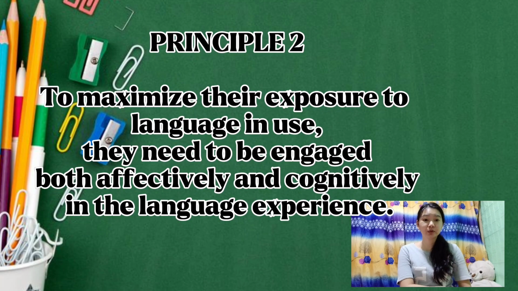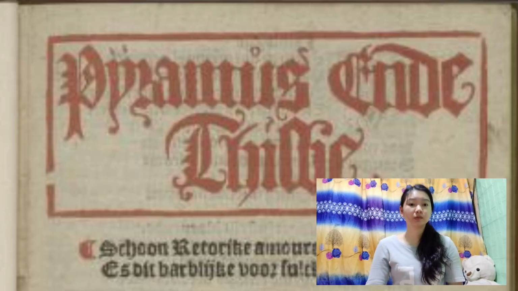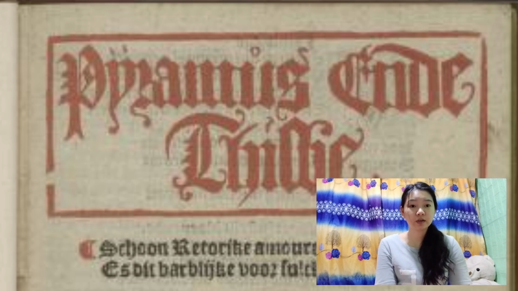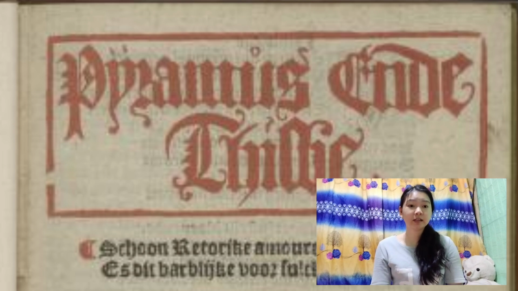So in principle 2, in order for the learners to maximize their exposure in the language use, the learners should engage both cognitively and affectively in the language experience. The teachers could use the story of Pyramus and Thisbe to expose the learners to the language use. So how to use these materials?